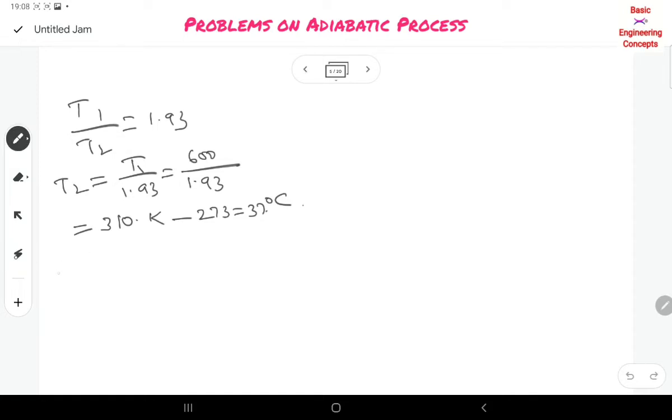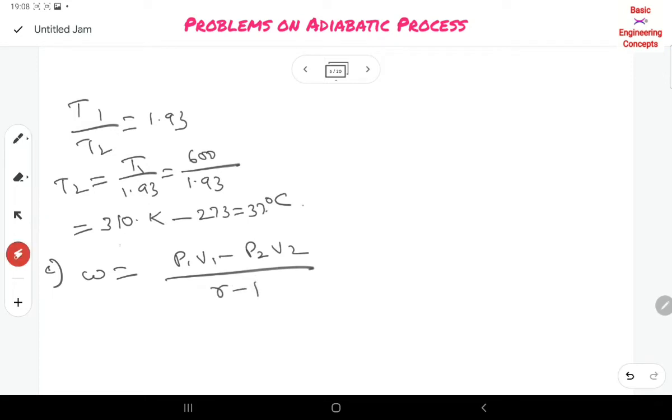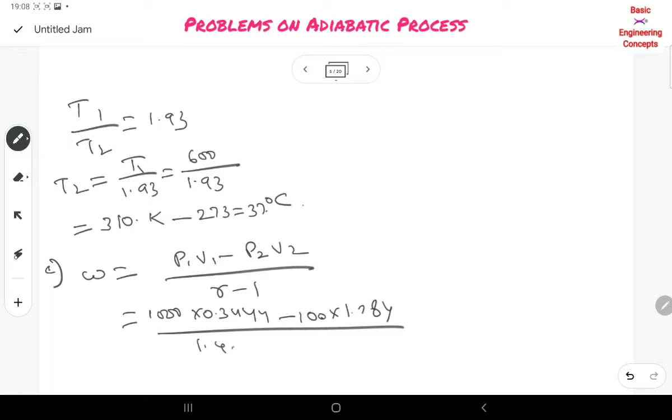So the next, third bit, is work done. Work done is P1 V1 minus P2 V2 by gamma minus 1. Everything is here: 1000 into 0.344 minus 100 into 1.784, divided by 1.4 minus 1, is equal to 415 kilojoules.